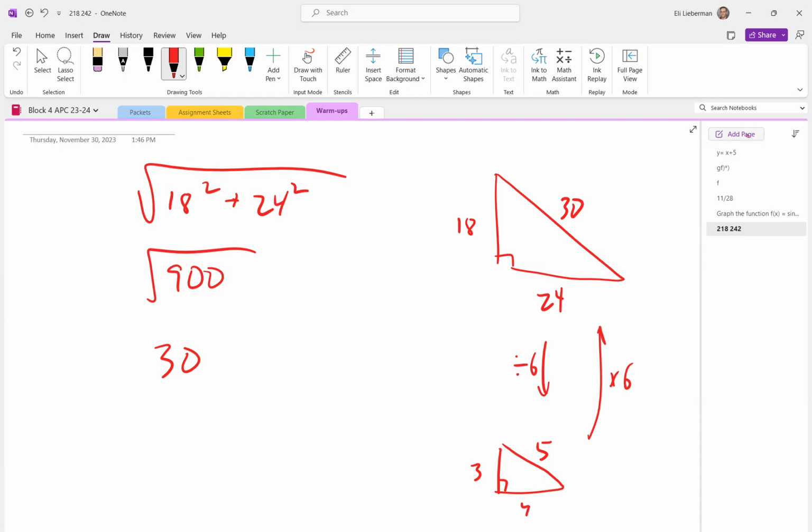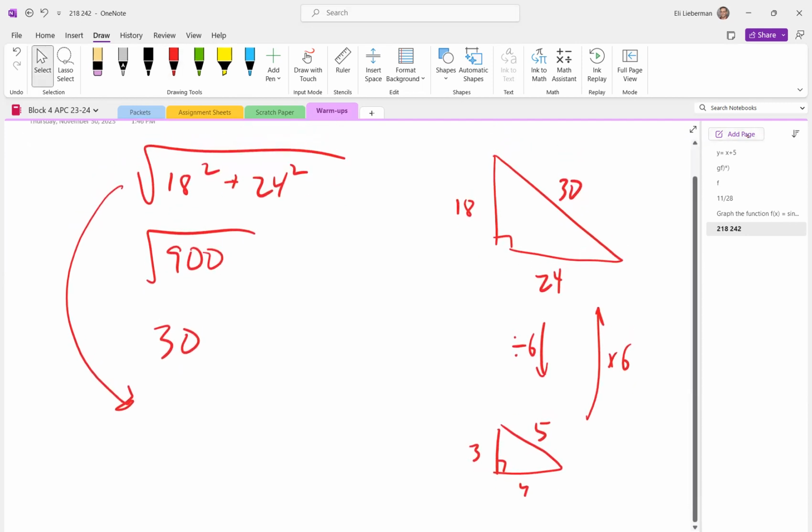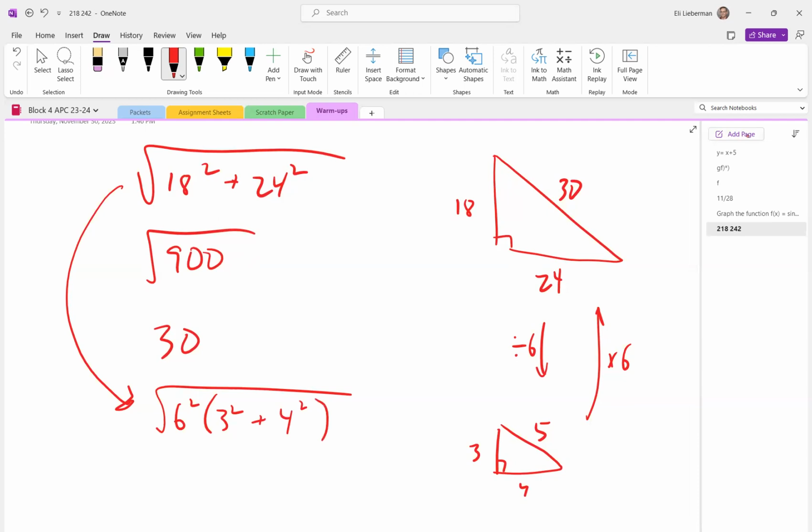Any questions? I'm going to pose one other way, just to have a little bit of algebra fun, because who wants to know what 18 squared is, or 24 squared? Maybe you already know. I don't know, but I do know that 6 squared goes into both of those. So I'm going to just factor out 6 squared, leaving me with 3 squared plus 4 squared. Does that make sense? You could do that.